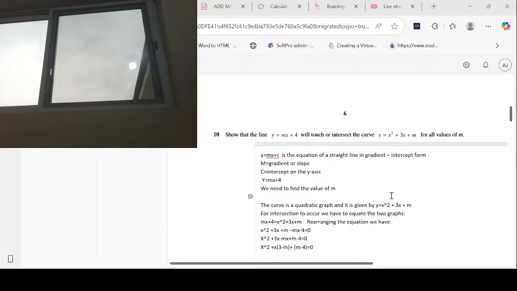Because if you say two lines, or the line and the curve, it means their y values have to be the same, or their x and y have to be the same. So that's what it means. Okay, I think I get the idea now. So case two actually answers it. Case one shows us that it's going to work when n is equal to 4. Case two works for any value of n.